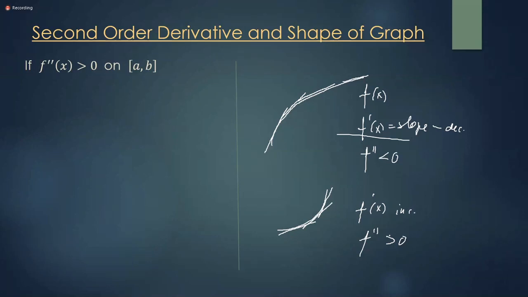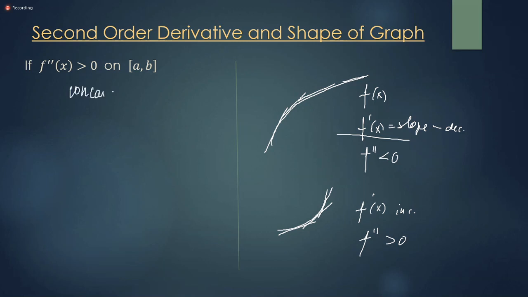So we see how the second order derivative works with the concavity, with the shape of the graph. The first derivative tells you whether the function increases or decreases, the general direction of the graph, going up or down, or horizontal. The second order derivative tells you the shape of the graph. Is it concave up or concave down? And so we see that if the second order derivative is positive on some segment, then the graph is concave up.